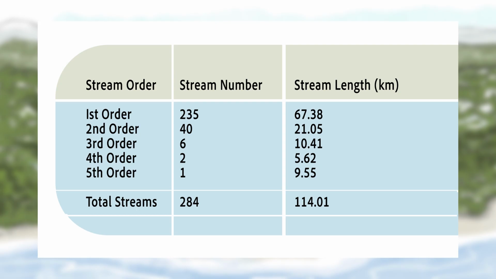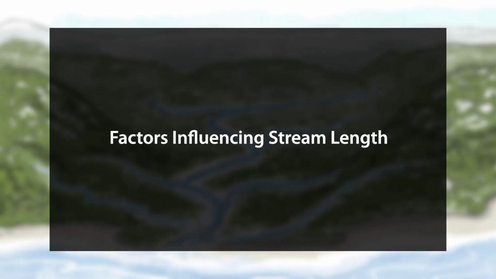If the ratio is constant, the basin shows orderly development and the drainage is natural and undisturbed, whereas an irregular ratio indicates structural disturbance, faults, resistant rock beds or anthropogenic modification. The factors influencing stream length are discussed as follows.